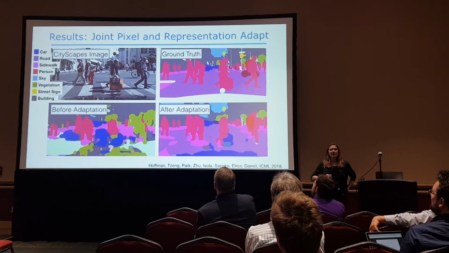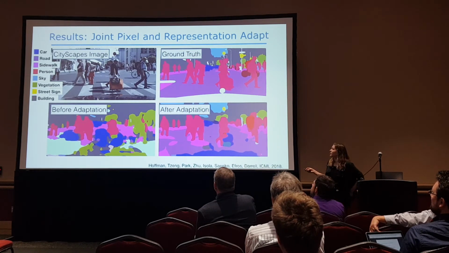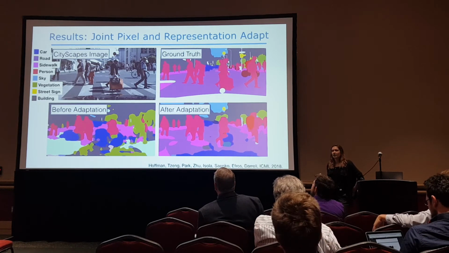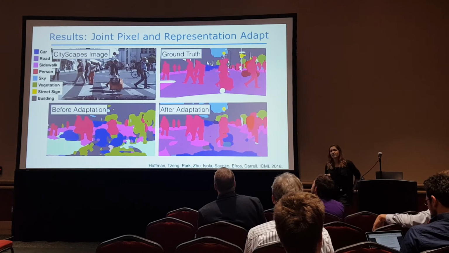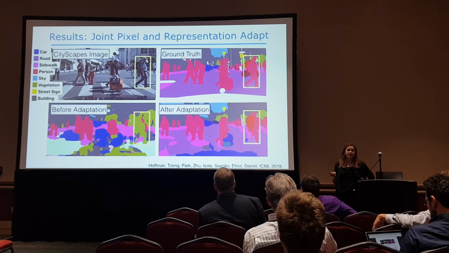Before adaptation, meaning just training in simulation and evaluating in the real world, you have a whole lot of confusion. After adaptation, as I mentioned before, you start to recognize the street a lot more accurately. You also recognize certain key characteristics for the driving application, like a pedestrian and street signs.